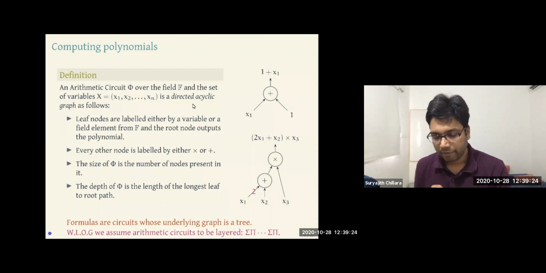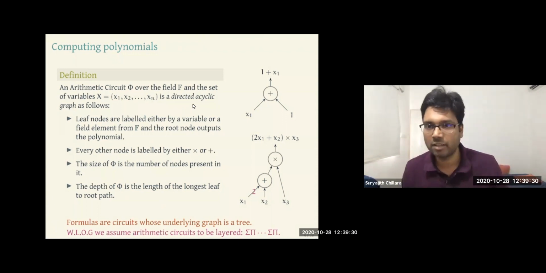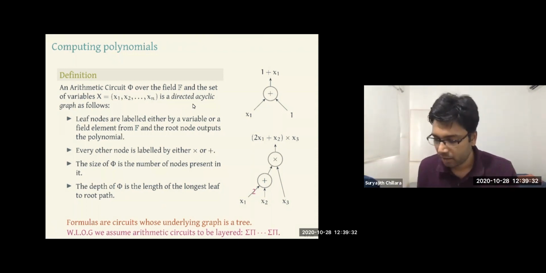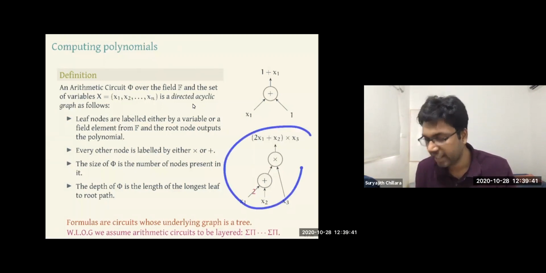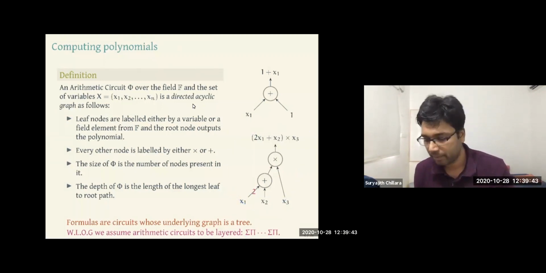Similarly, without loss of generality, we can assume that our circuits are layered. As in the previous example, we saw that our circuit is layered. When I say sigma, that means it's a layer of sum gates, and this is a layer of product gates. In this example, it is not layered, so we can make it layered by adding some dummy nodes.